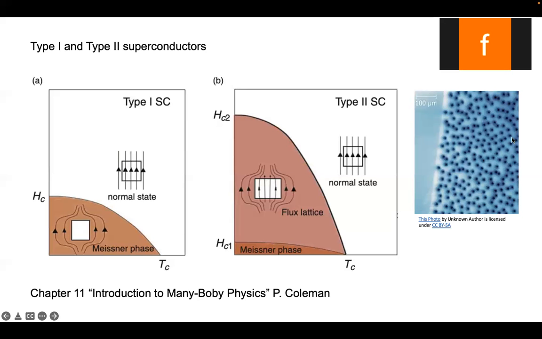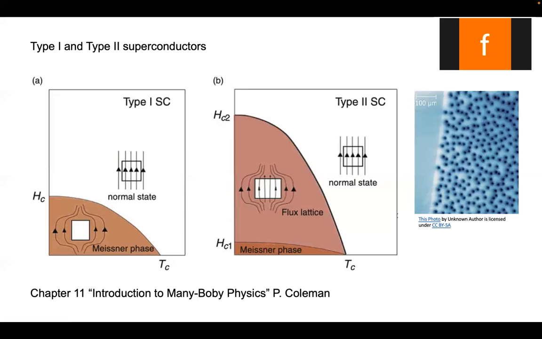This is very interesting because when we have a type 2 superconductor, below the first critical magnetic field, some parts of the sample expel the field, but in some parts the magnetic field can enter and create those vortices.